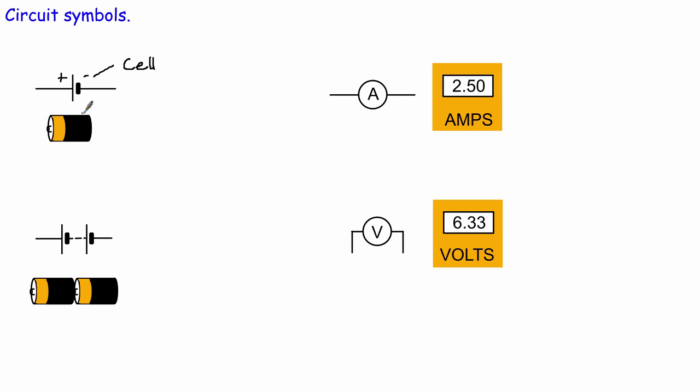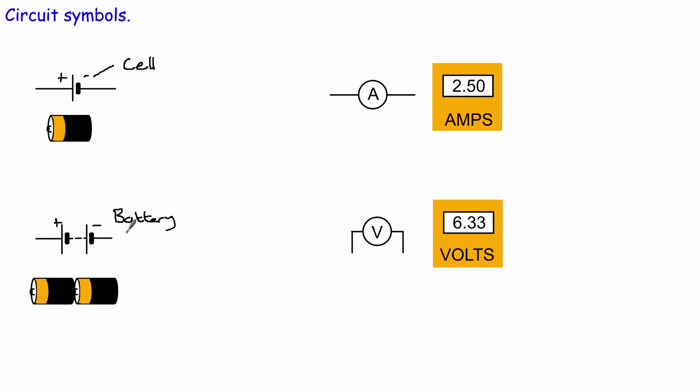Now we can put these things together, and if we put more than one cell together, then we make up a battery. So for example, this thing is a circuit symbol for a battery, and people often get very confused about the difference between a cell and a battery. A battery is simply more than one cell in series, and again if we compare this symbol and this symbol, then this will be the positive side and this will be the negative side.